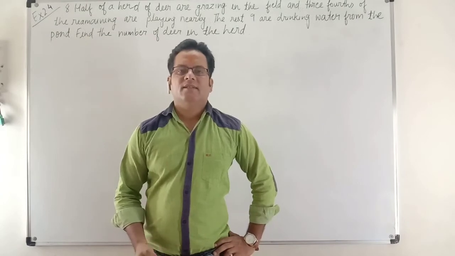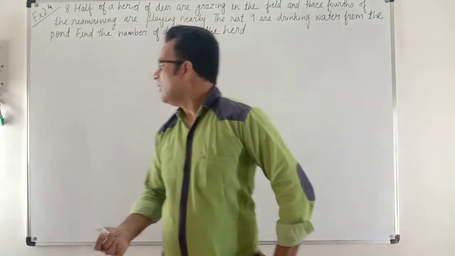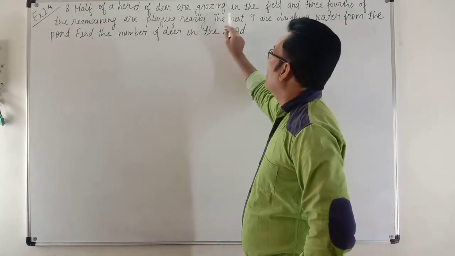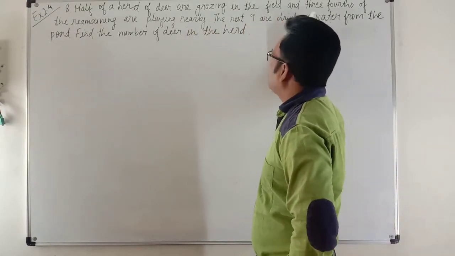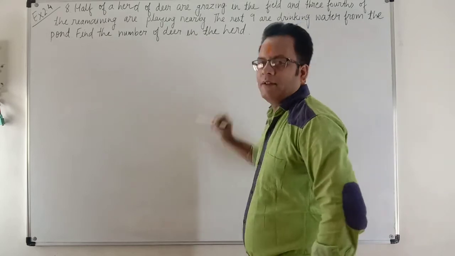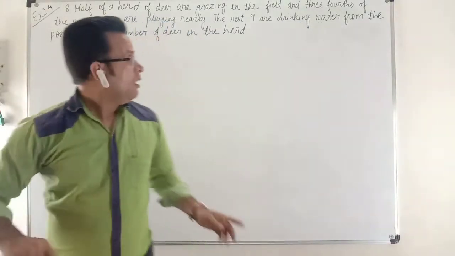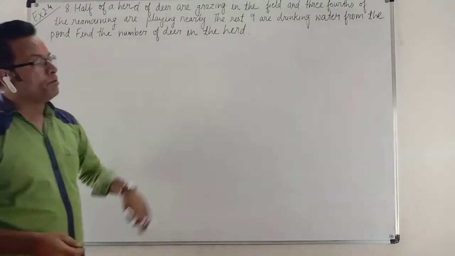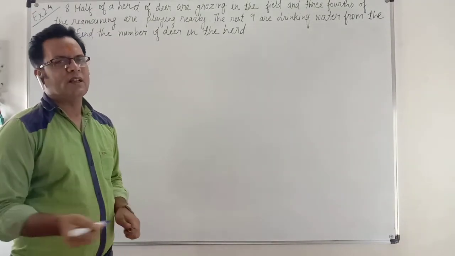And now, sum number 8. Half of a herd of deer are grazing in the field and 3/4 of the remaining are playing nearby. The rest 9 are drinking water from the pond. Find the number of deer. Okay?